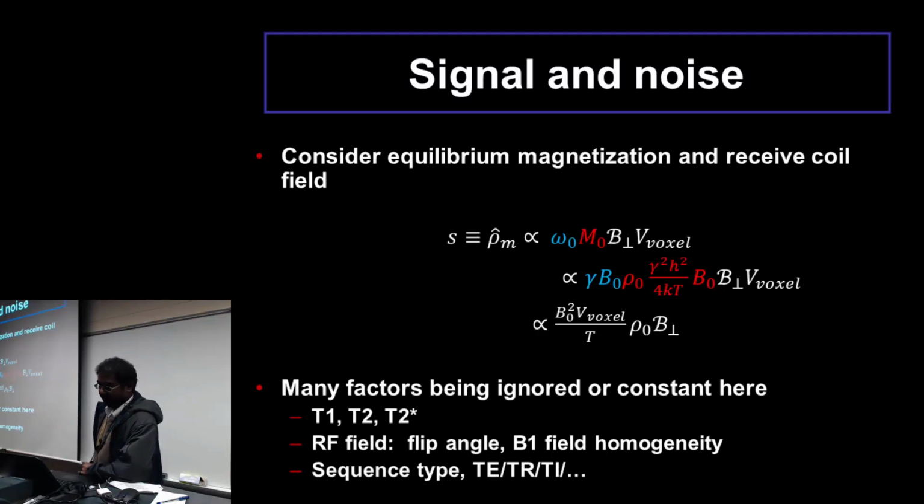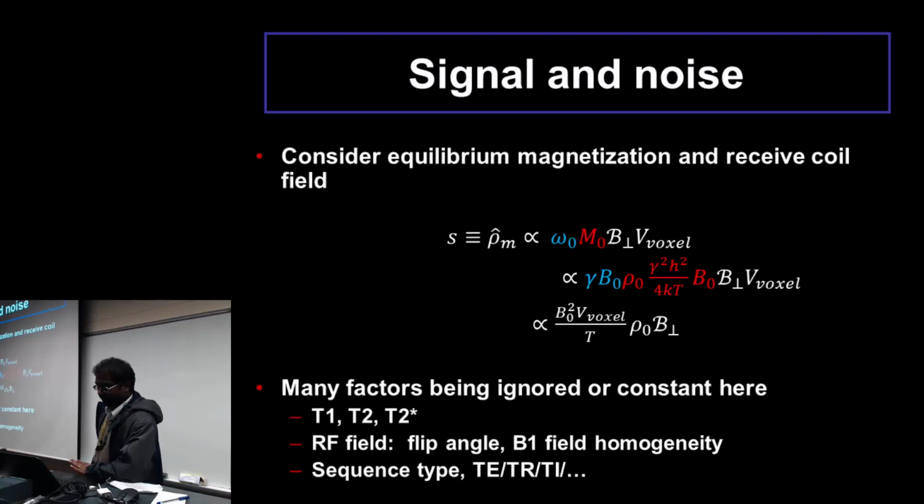From your chapters 7 and 8, your signal is proportional to the volume of the voxel, and also proportional to the square of B naught. It also depends on the amount of protons available in your volume to give you the signal, which is the polarization factor, and the coil sensitivity at the location from where you're picking up the signal.